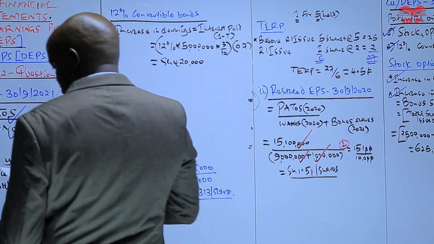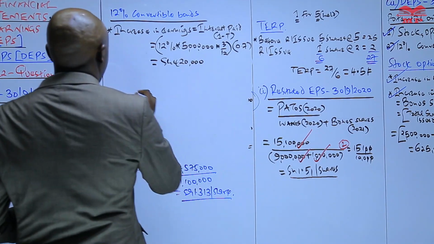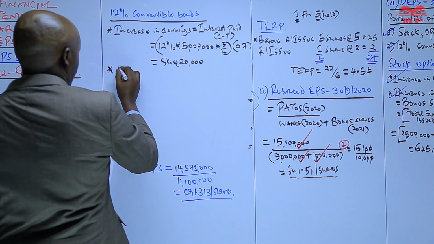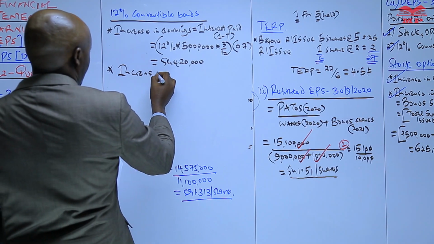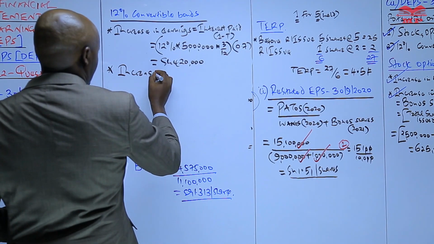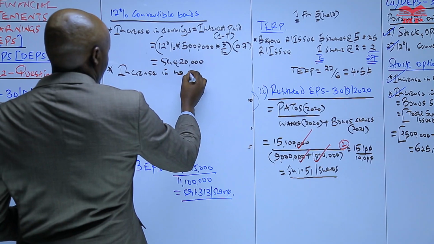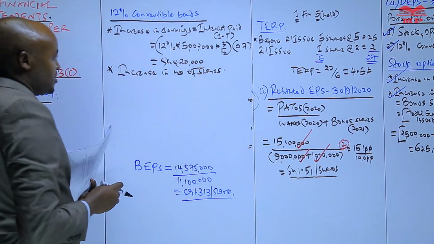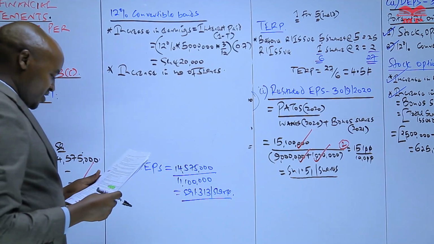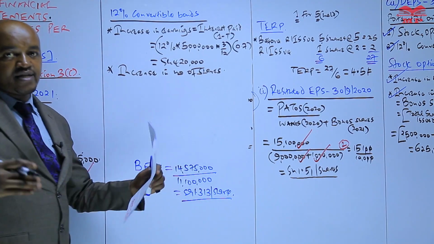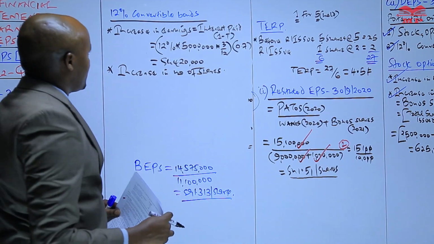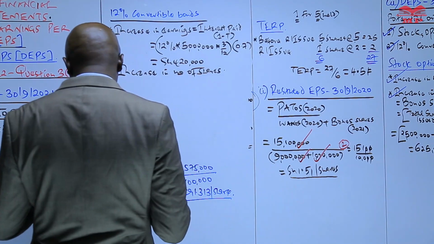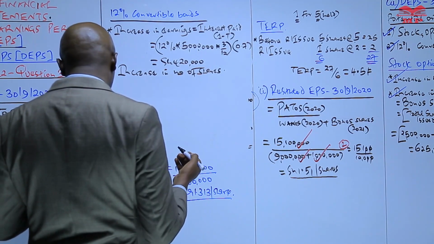Finally, as far as this is concerned, we need to compute the increase in number of shares. The increase in number of shares refers to the number of ordinary shares which the company would have issued on the assumption that these bonds were converted into ordinary shares during the current year. So what we need is a conversion rate.